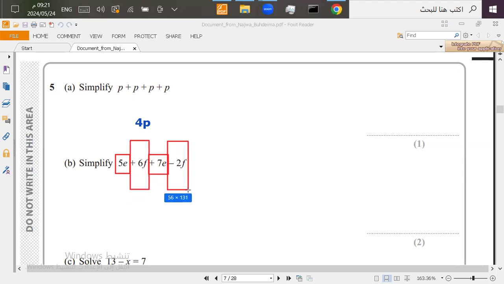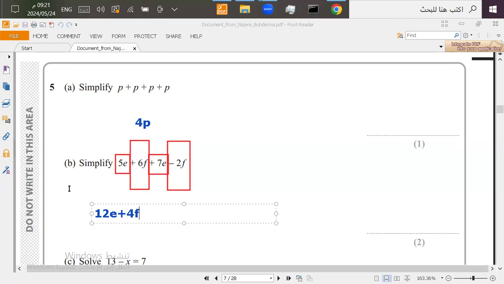These are like terms, so I'm going to subtract them as written here. So 5 plus 7 is going to be 12E. And then 6F minus 2F is going to be positive 4F. So the answer is 12E plus 4F. Okay. Now let's move on to the next question.